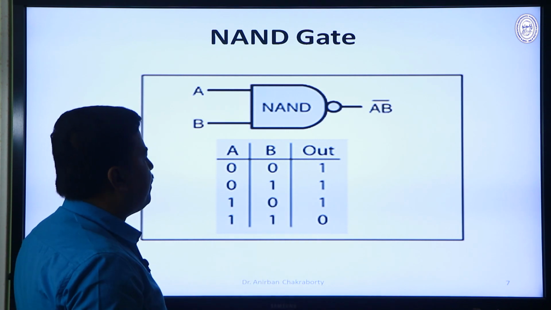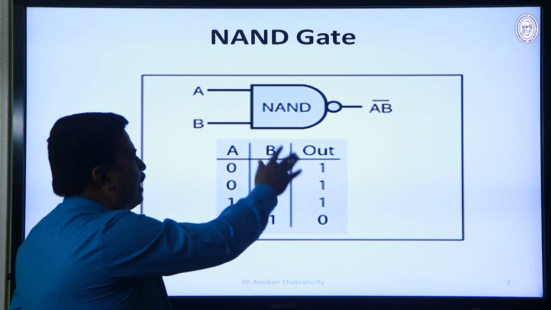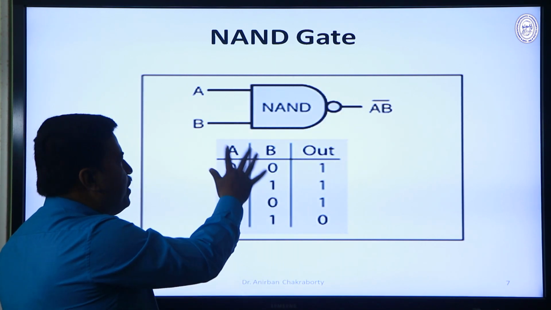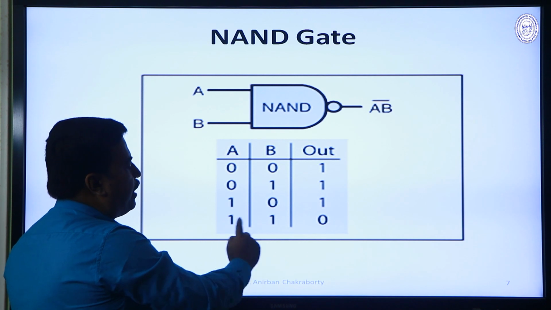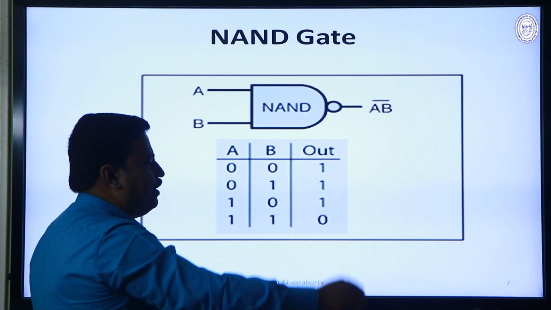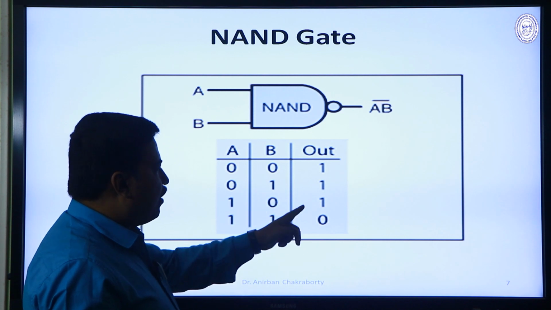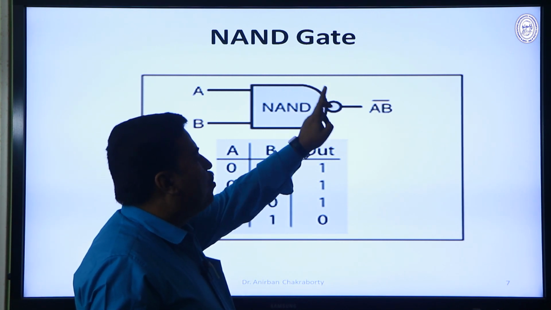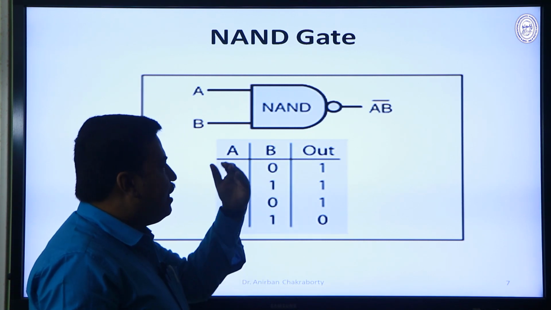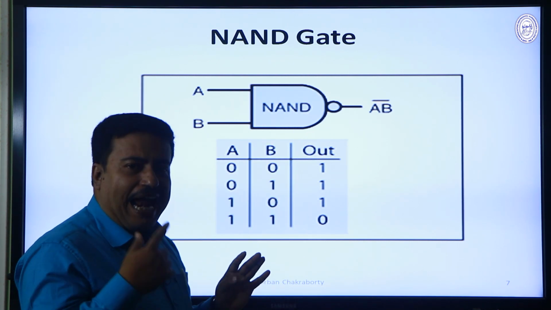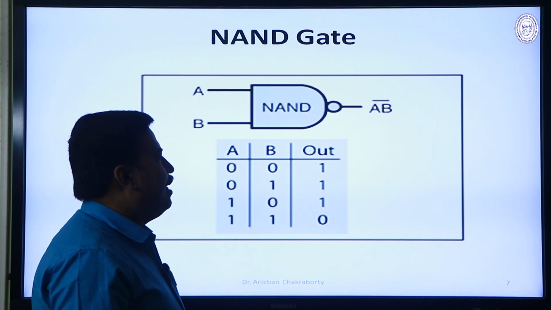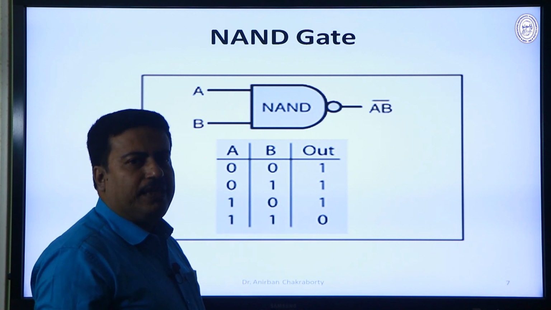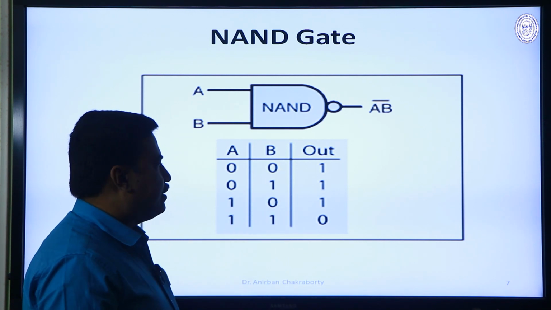Here the concept is: first consider that it is just like an AND gate. If all the inputs are 1, then I will get 1 in the AND gate. However, here the output is passed through the NOT gate, so it will be reversed. In other words, where you achieve 0 for the AND gate, for the NAND gate you will achieve 1, and vice versa.